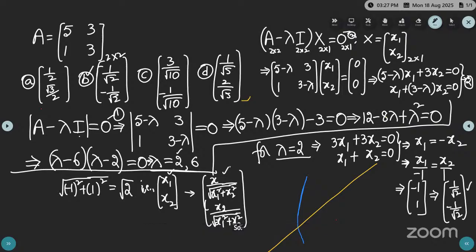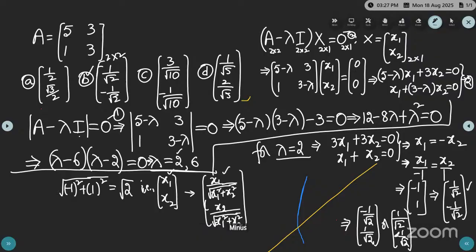So what you can say? This implies if you multiply both with the minus 1 also, you are getting the same. Okay. So you are getting minus 1 by root 2, 1 by root 2, or 1 by root 2, minus 1 by root 2.